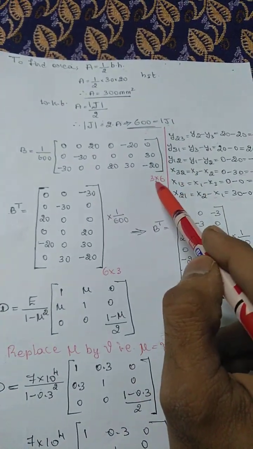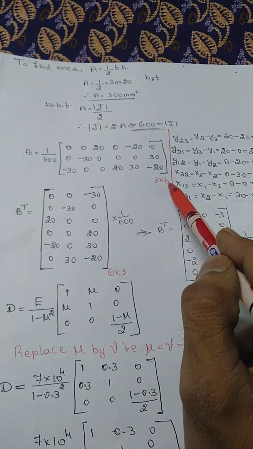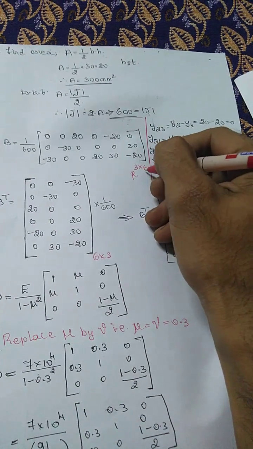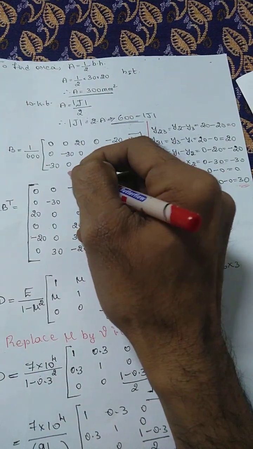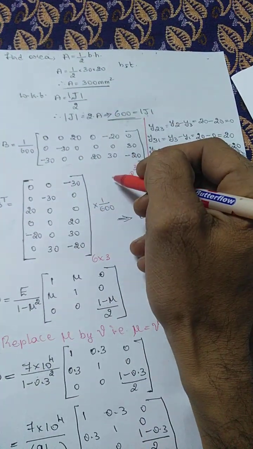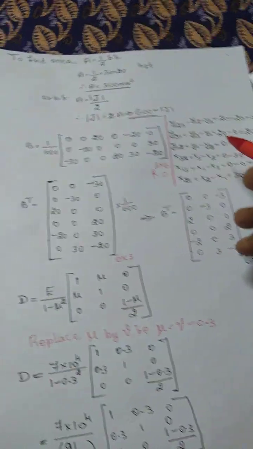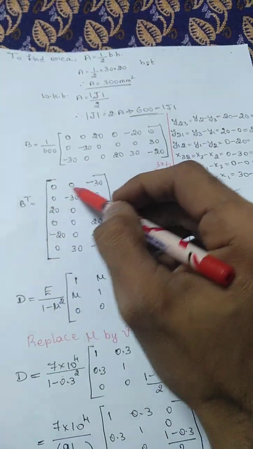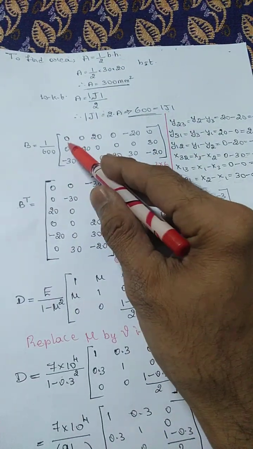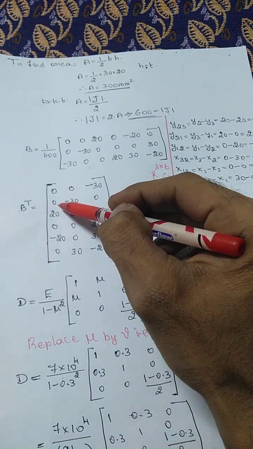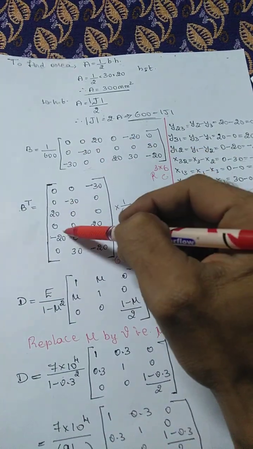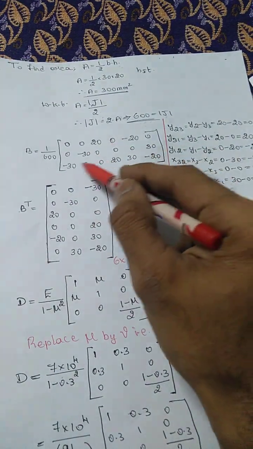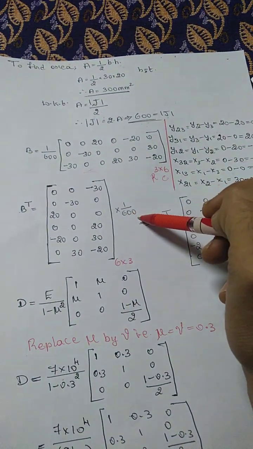Next, this is a 3 into 6 matrix: 3 rows and 6 columns. Left to right is the row, and top to bottom is the column. The transpose of the B matrix, B transpose, is this: 0 here, 0 here, 20 here, 0 here, minus 20 here, 0 here, and similarly the others. Then 1 by 600.